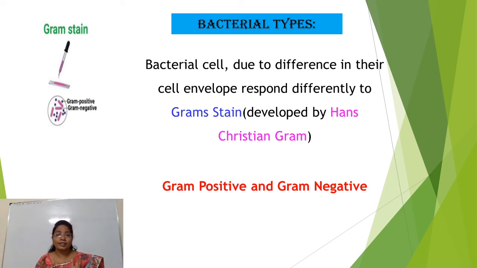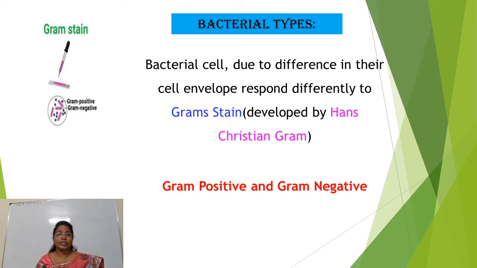Bacterial cells, due to differences in their cell wall composition, are characterized into 2 types: gram positive and gram negative. The gram staining technique was developed by the scientist Hans Christian Gram.